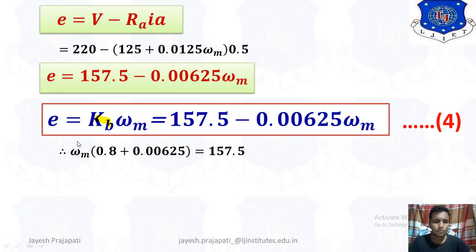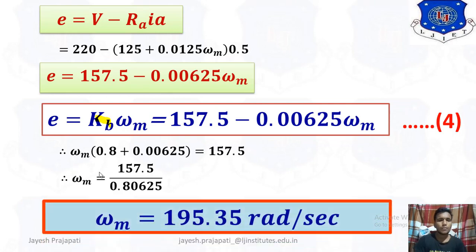Now making omega m the subject, omega m is equal to 157.5 divided by 0.80625, then omega m is equal to 195.35 radian per second. So that is the speed of the DC motor.